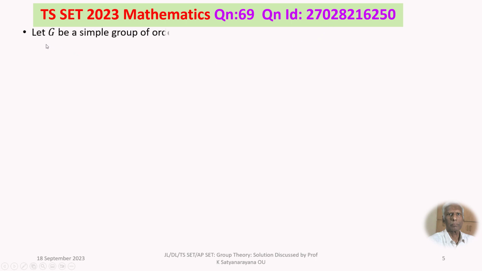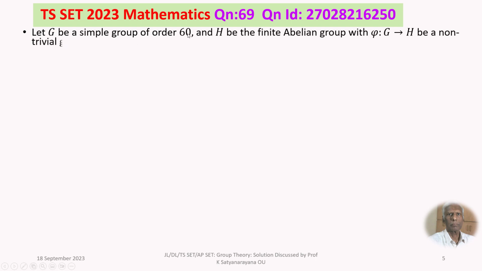The given question is, let G be a simple group of order 60 and H be a finite abelian group, with phi, the mapping from G to H, a non-trivial group homomorphism.